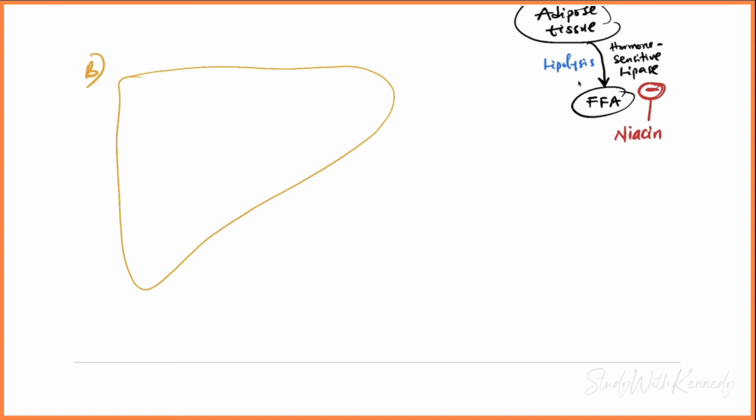Acetyl-CoA can be used to make a wide variety of things. It could go into the Krebs cycle, it could go into the cholesterol synthesis pathway, and so on and so forth.